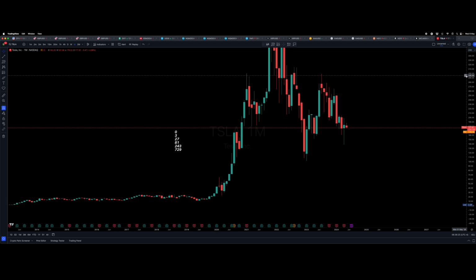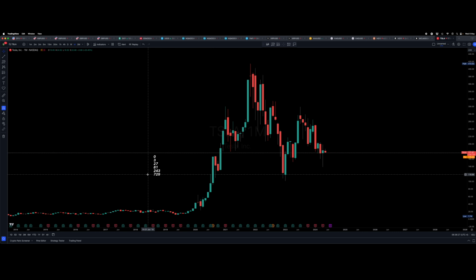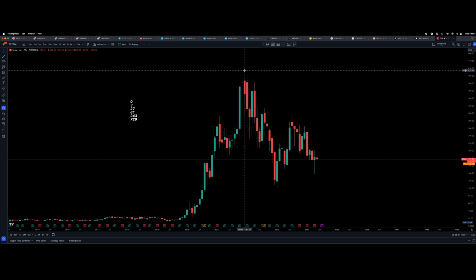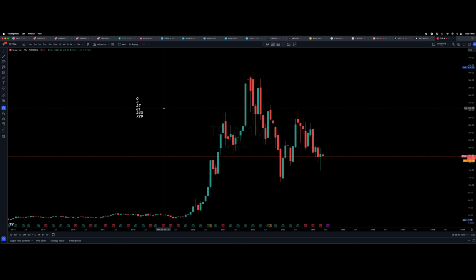Now the key thing to note is the high of Tesla's stock price is $414. When price moved past $243, we had a dealing range expansion. Previous to that, the dealing range was between 0 and $243.